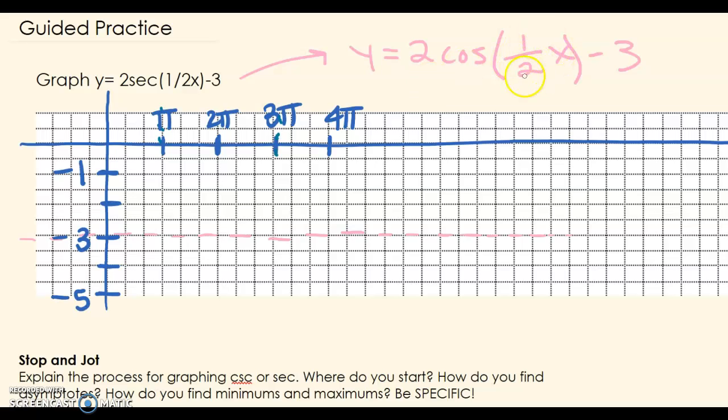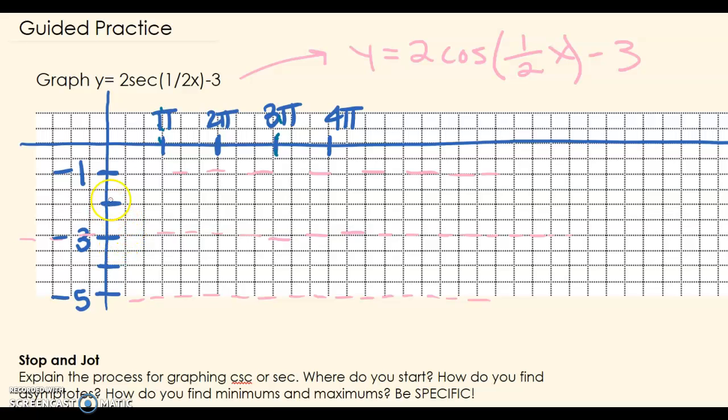Again, my period, because of this coefficient of 1/2 out front of my x, is now 4 pi, and that's what you see for my x-axis here. My amplitude is 2, so my range for my cosine function is going to be from negative 5 to negative 1. And we're ready to graph.